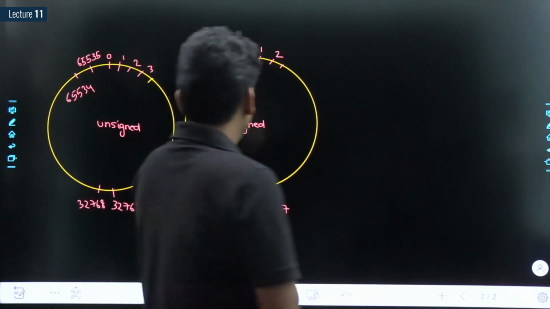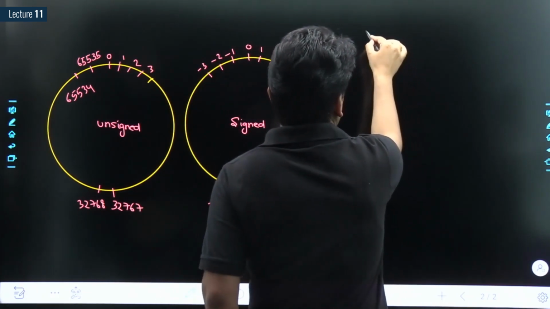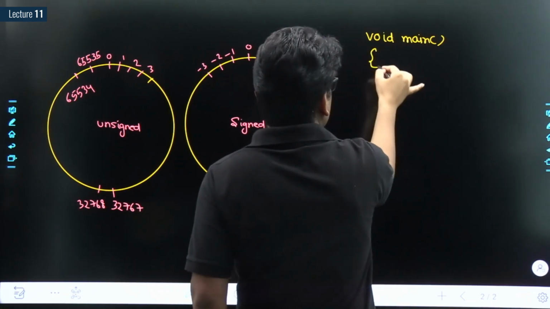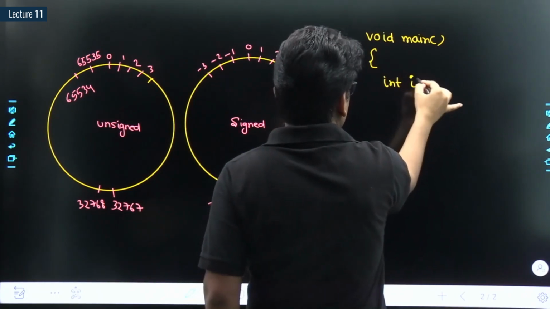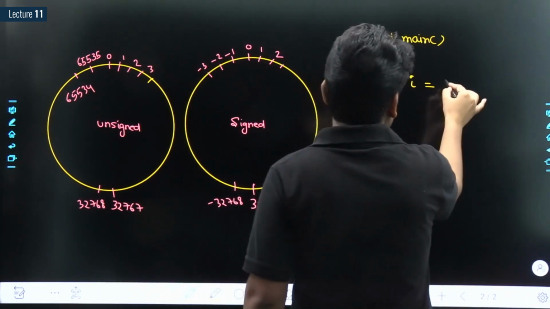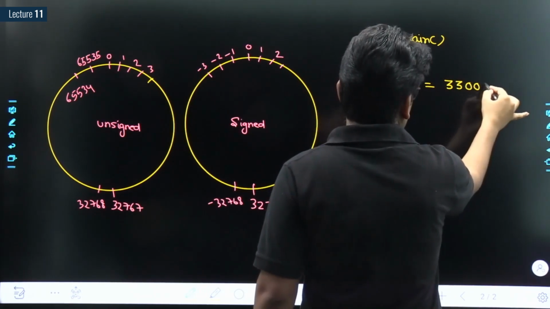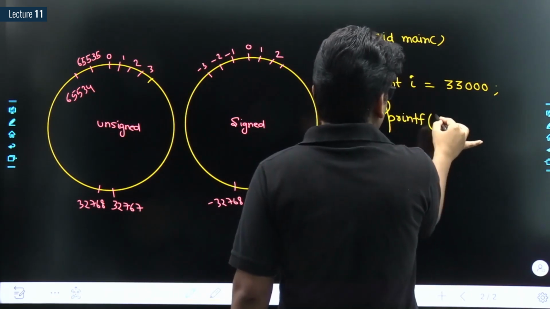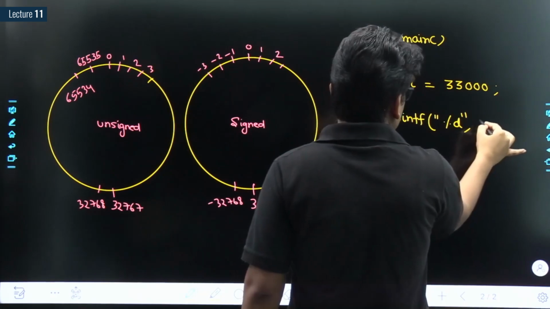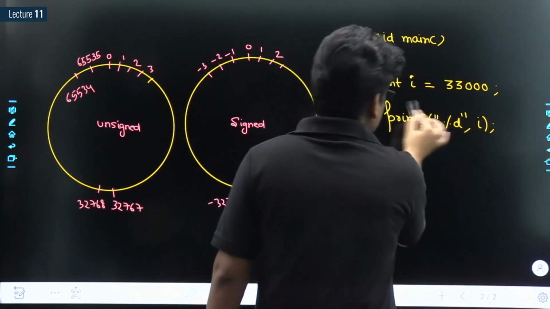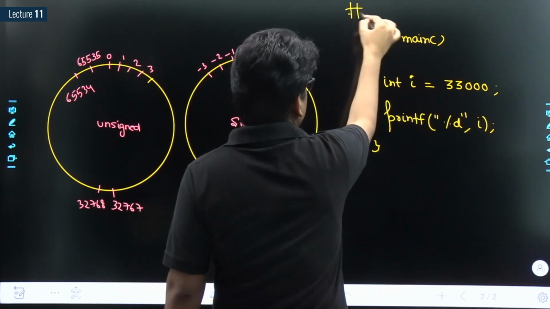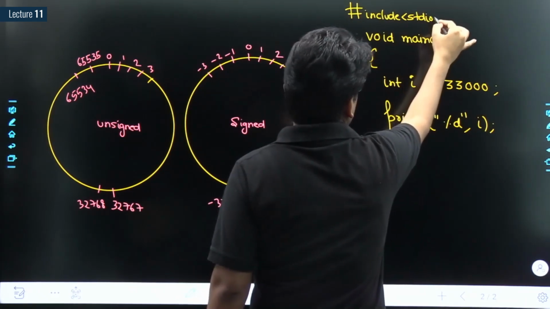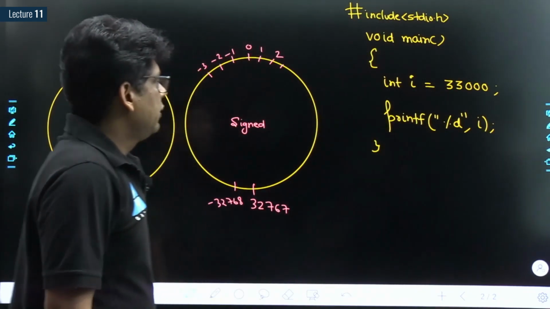Okay, sir. void main, int I. Try to understand. int I is equal to 33000. printf %d comma I, and of course for printf we need to include #include <stdio.h>.